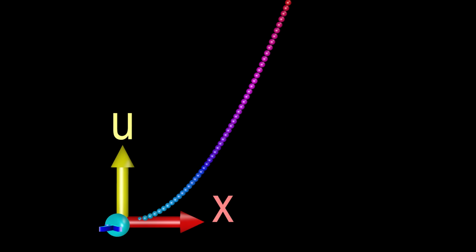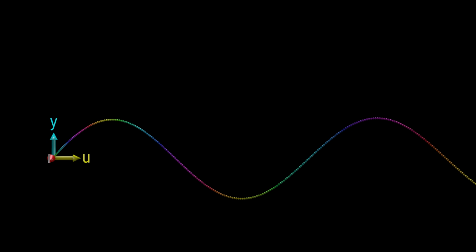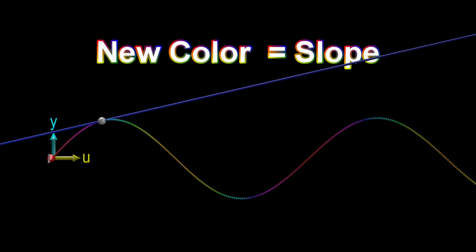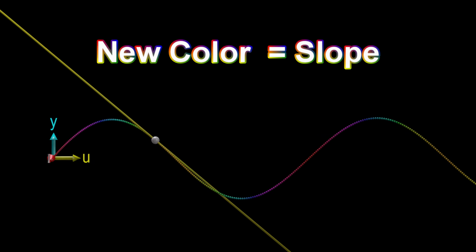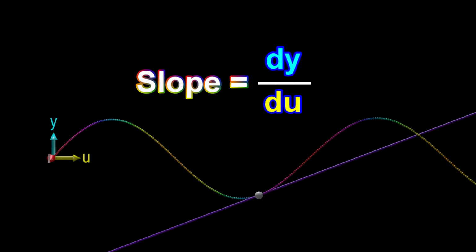Let us now view y as a function of u. Let us again change the color of the graph so that it represents the slope at each point. The slope at each point in the graph is dy divided by du.